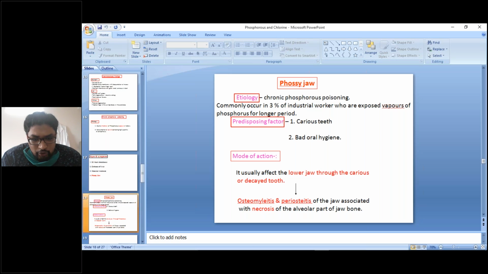This leads to osteomyelitis and periosteitis of the jaw associated with the necrosis of alveolar part of the jawbone. Very important. So alveolar part of the jawbone is affected. Mostly the lower jaw is affected, and it is due to necrosis, which is due to osteomyelitis and periosteitis, which is due to the caries tooth and decayed tooth, through which the vapors of the phosphorus will enter the system or enter the bone.